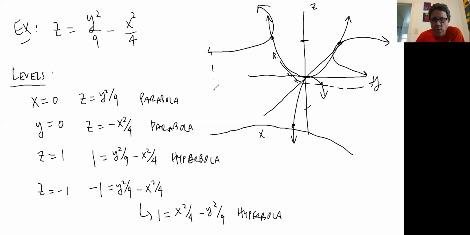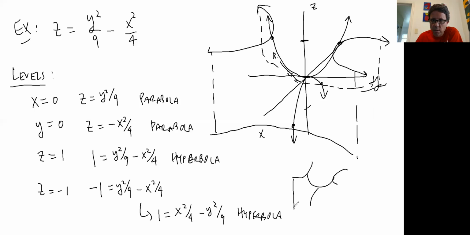But if I drop a dotted line down here, and another dotted line down here, what we end up getting is something that looks like this, and maybe back here. Now it's a little hard to draw this last part. And down.